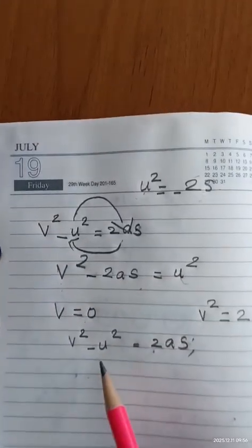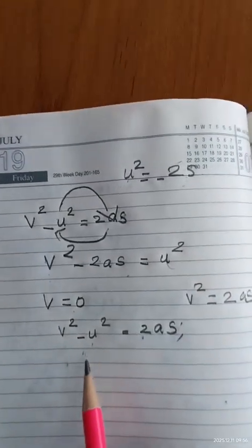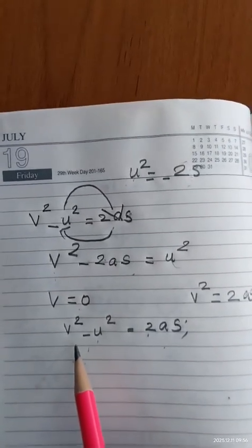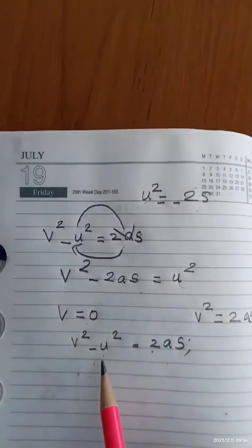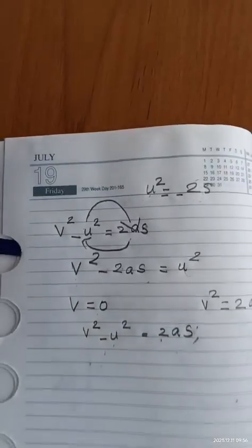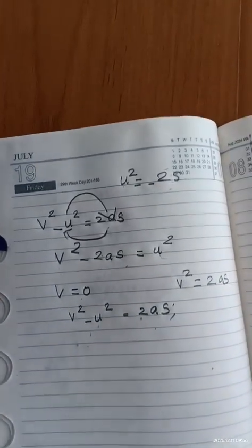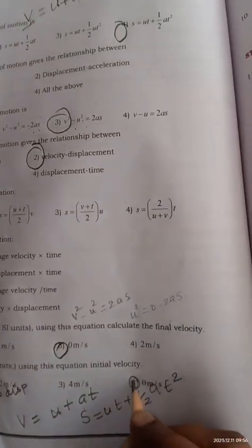That means, what is the value of u? 0. So here u represents initial velocity. So what is the value of initial velocity? 0. Just check the option. Is there any option 0 meter per second? Good. Option 4. So for 8th question, what is the correct answer? Option 4. Good, my dear.